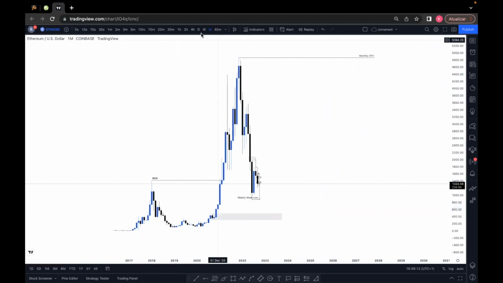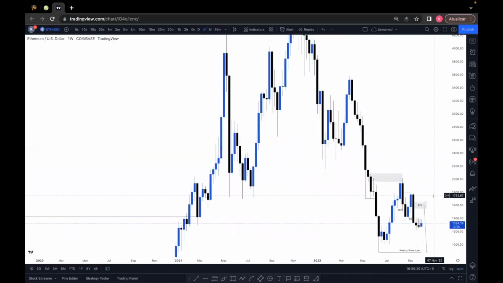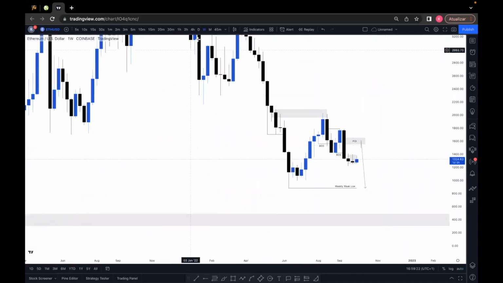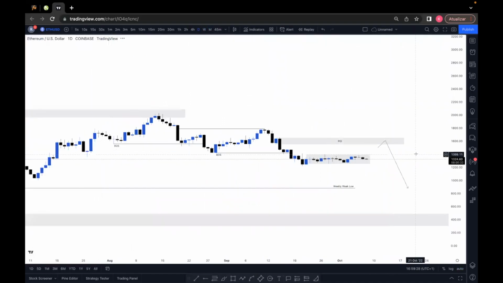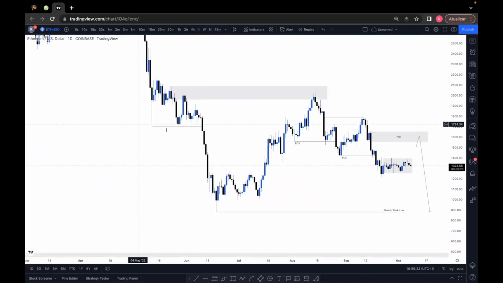Now, if I drop down to the weekly time frame, we can see something interesting right here: we had this break of structure right here. Let me just go to daily. I think it's better on the daily. Yes, we can clearly see that we had this low, then price made this high, then it made this low.